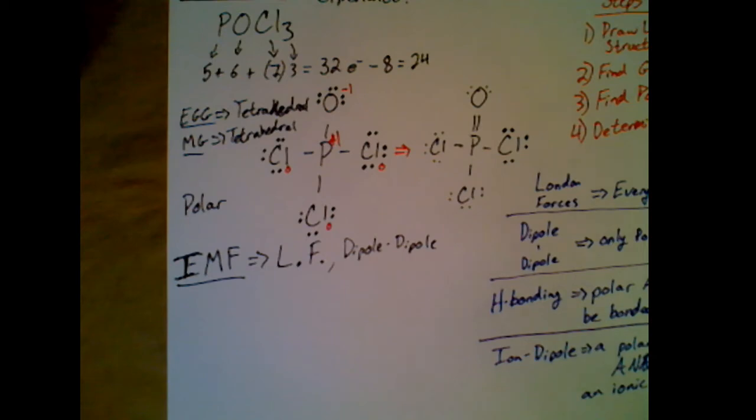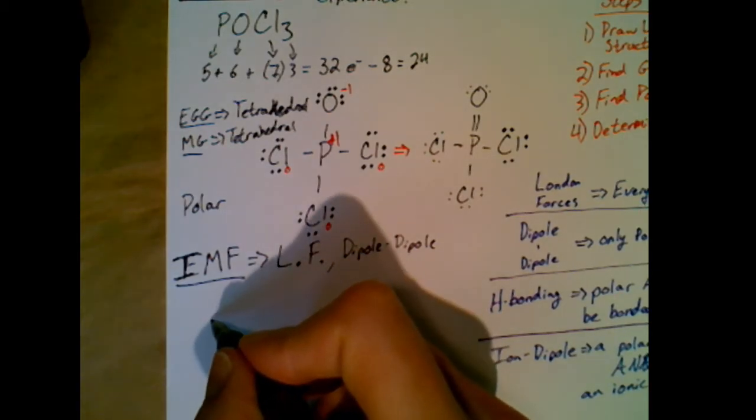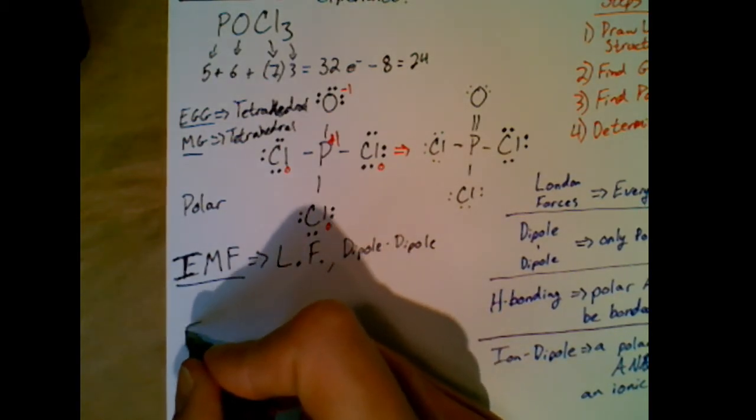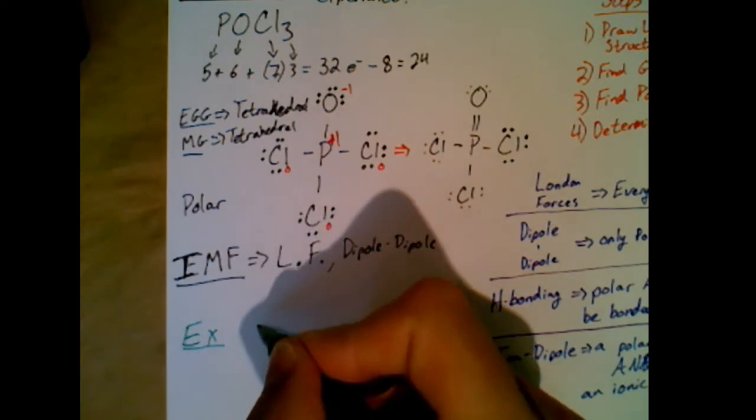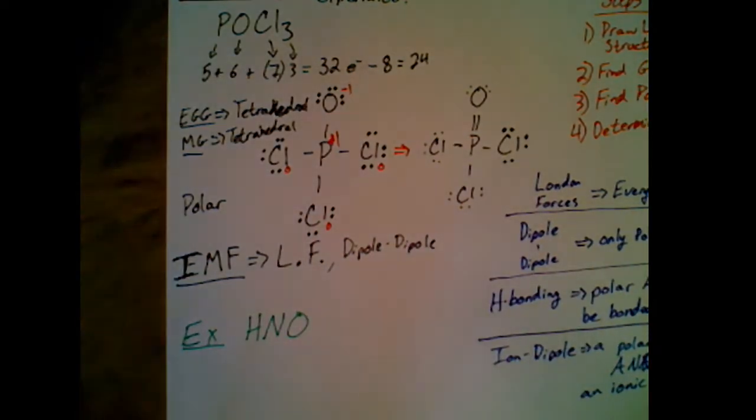So now that we have gone through this once, we're going to go through another example and figure out what forces would be experienced in that substance. So in our next substance, we are going to do the example of HNO. Now remember our steps.